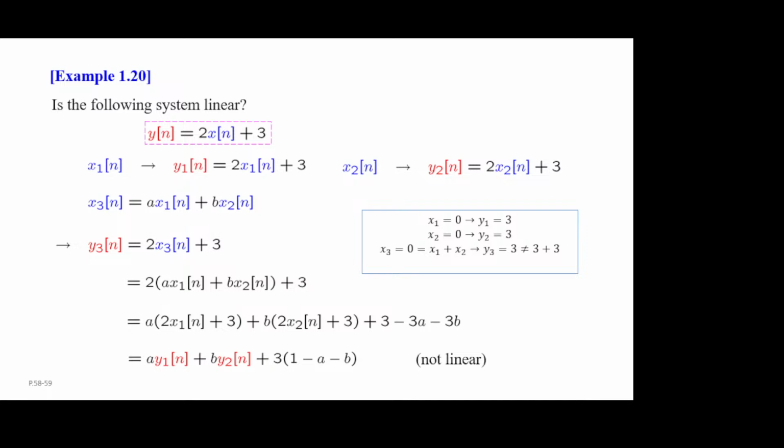So if you put x1 goes to y1 and x2 goes to y2, and you have x3 equal to a x1 plus b x2, and then you do all the calculation, you see you have an extra 3 times (1 minus a minus b) here. And so if your a and b don't add up to 1, then this is not 3.